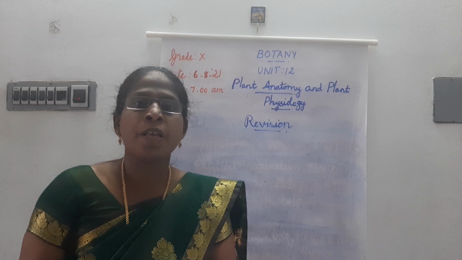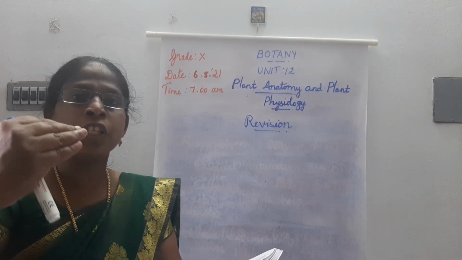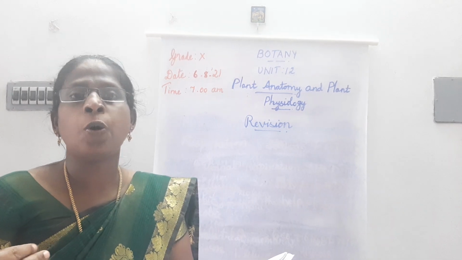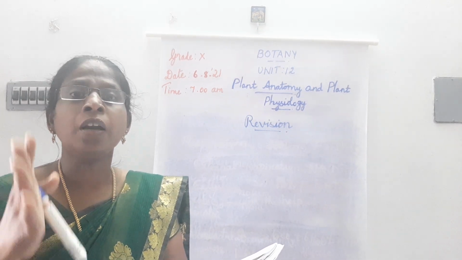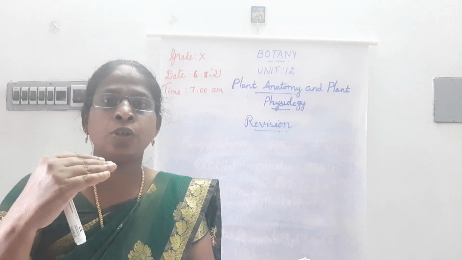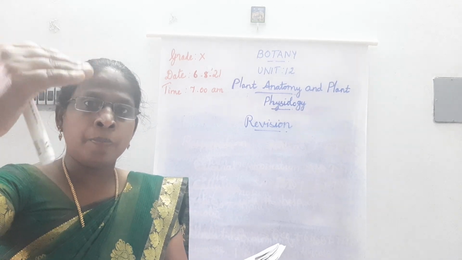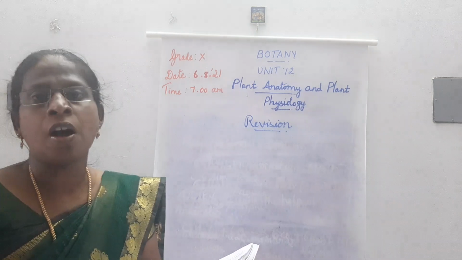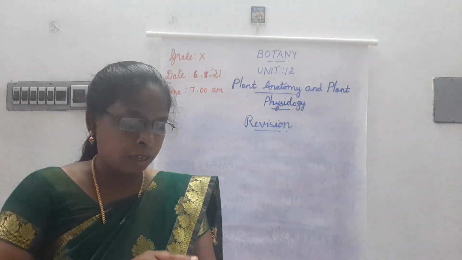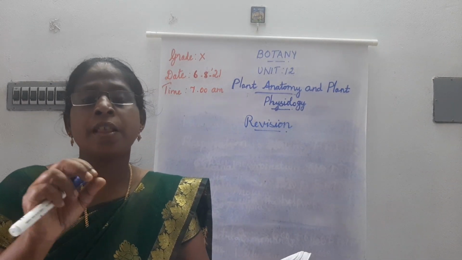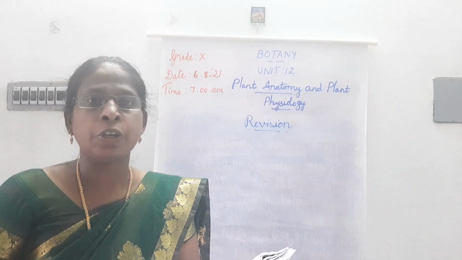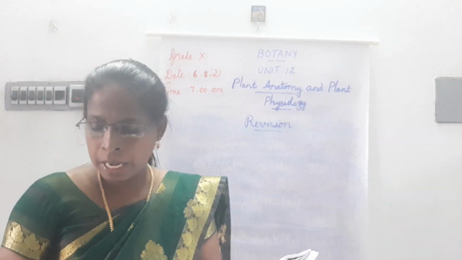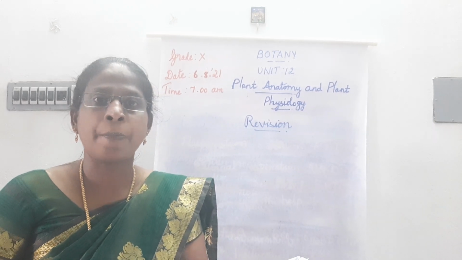The tissues lying between the upper epidermis and the lower epidermis are called mesophyll. These mesophyll tissues are differentiated into palisade parenchyma and spongy parenchyma.